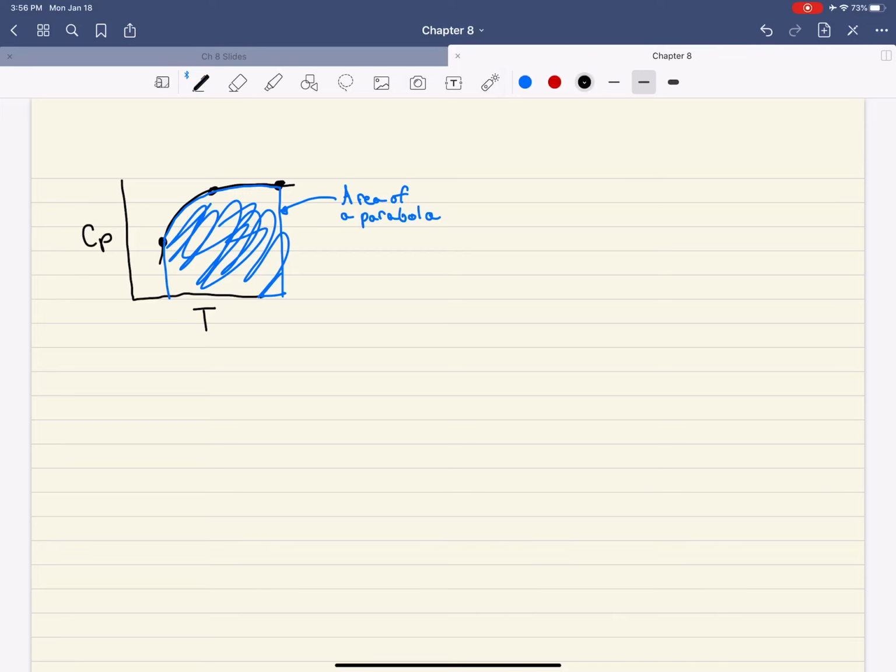Now, if you remember from geometry, for a parabola, the area encompassed by it is A equals h over 3 times f of x1 plus 4 f of x2 plus f of x3, where this h is the interval between data points.